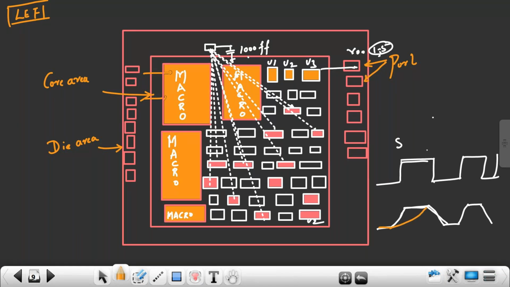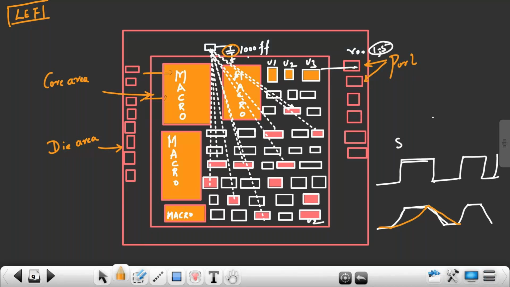After that, immediately you get the fall signal, so the square waveform is converted to a triangular waveform. Why? Because of the huge load on the clock port. Only one clock port is driving all the flip-flops.